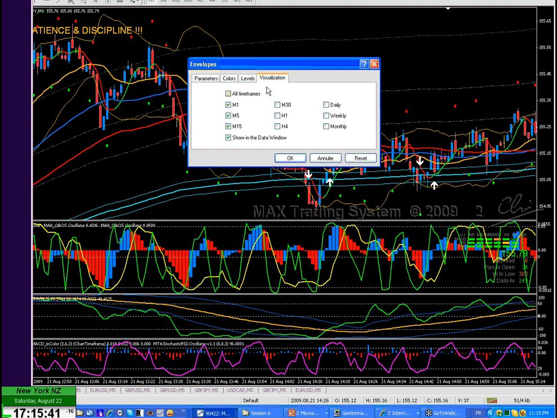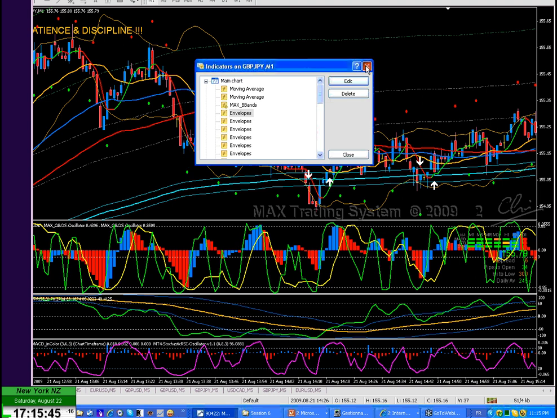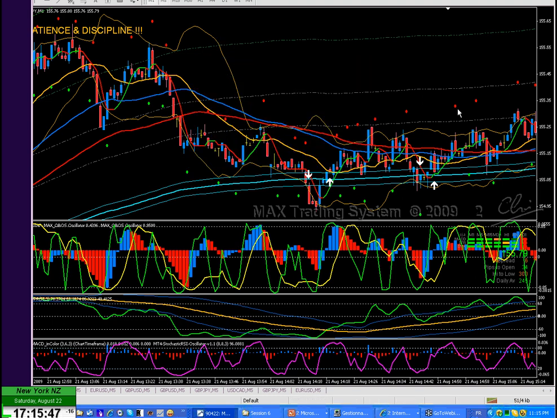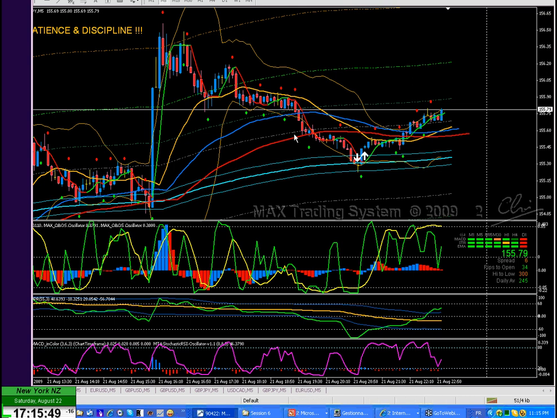It is only in the 5-minute time frame that I show, for my own purpose, the gray TT, because I often trade the 5-minute time frame.